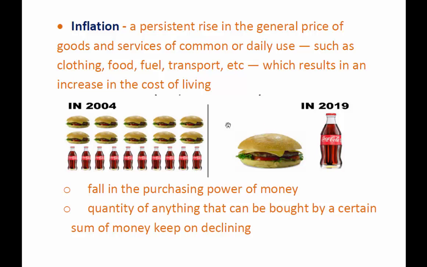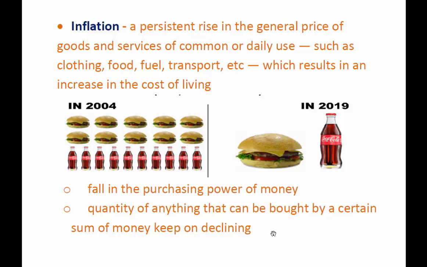So it happens due to the fall in purchasing power of money. Okay, the quantity of anything that can be bought by a certain sum of money keeps on declining. So that is the reason inflation is caused, because of those two reasons.